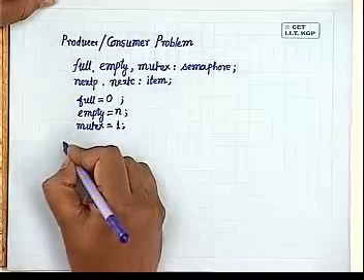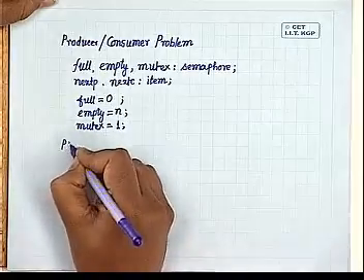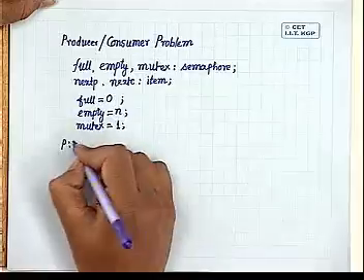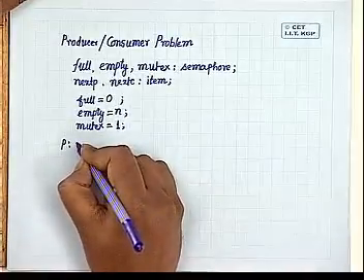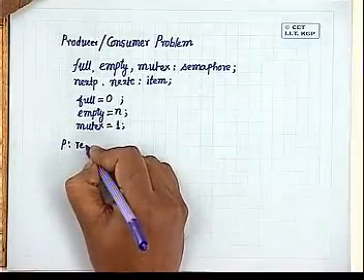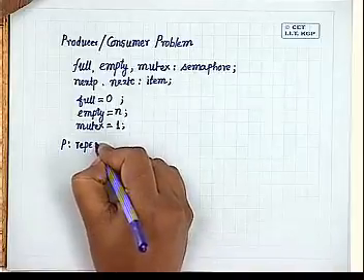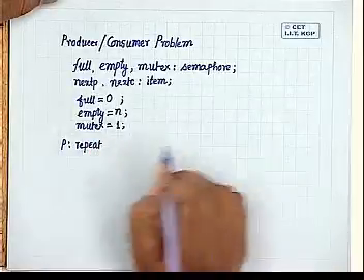Then the producer process can be written like this. I put it under repeat until false.